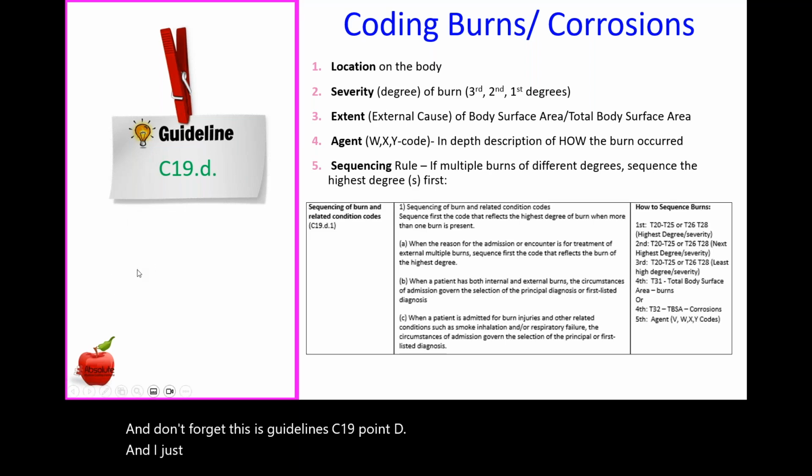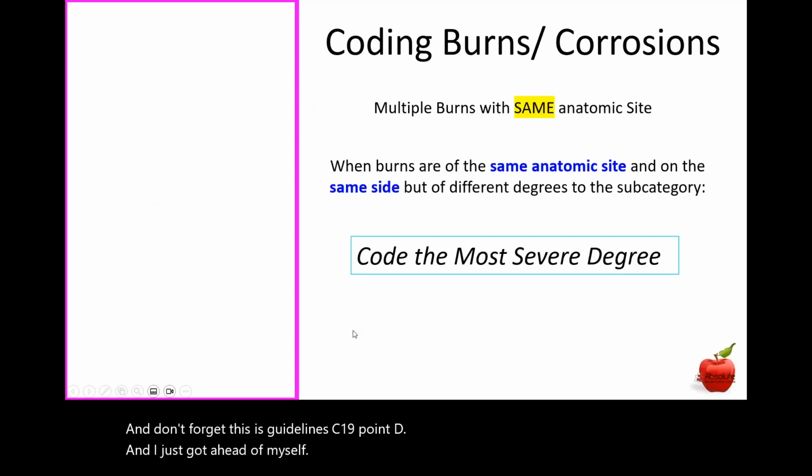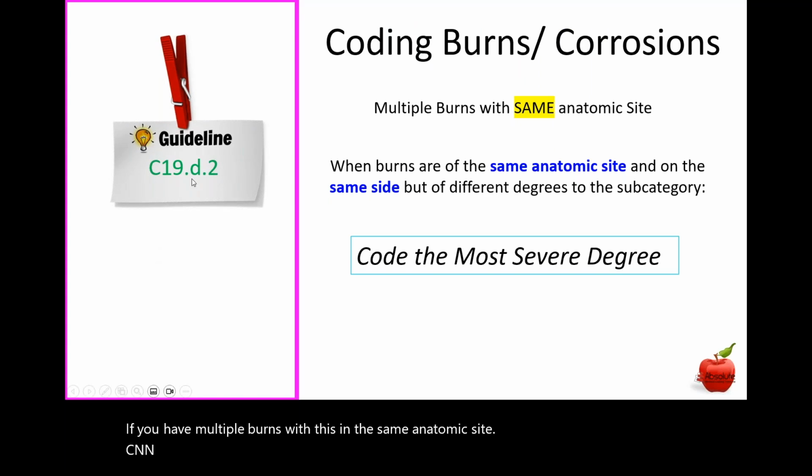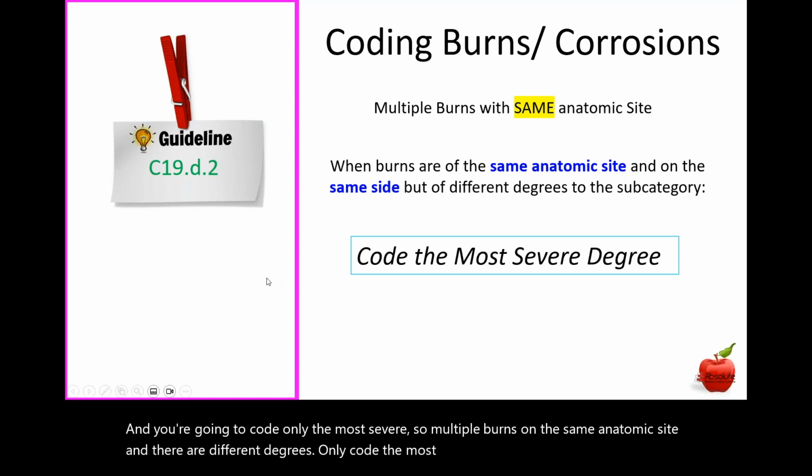I just got ahead of myself. If you have multiple burns in the same anatomic site, C19.D2, you're going to code only the most severe. So multiple burns on the same anatomic site and with different degrees, only code the most severe degree.